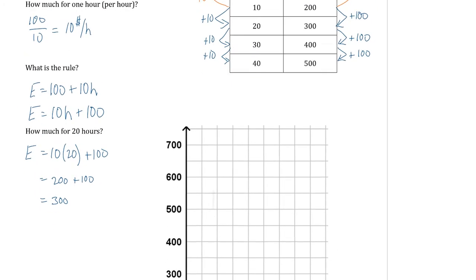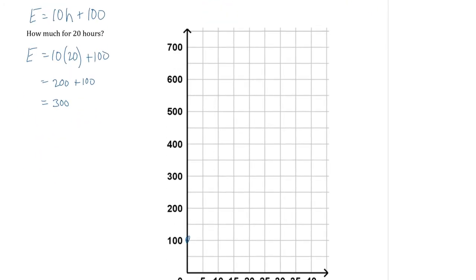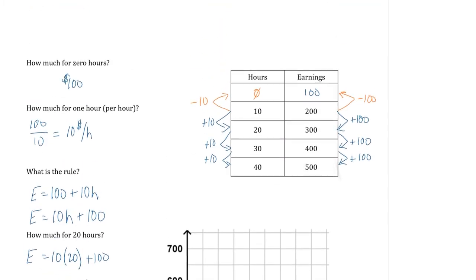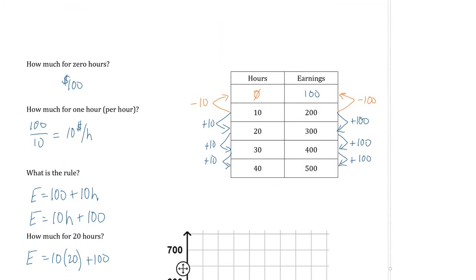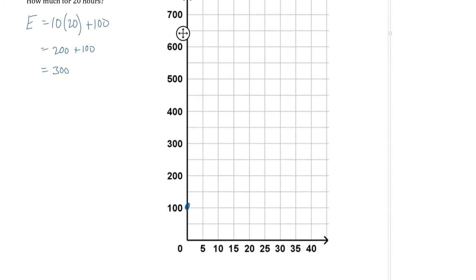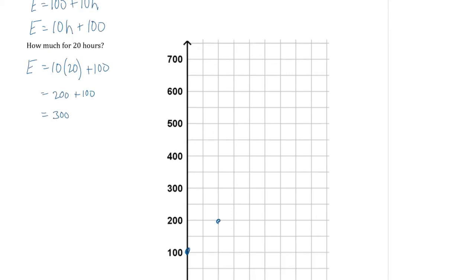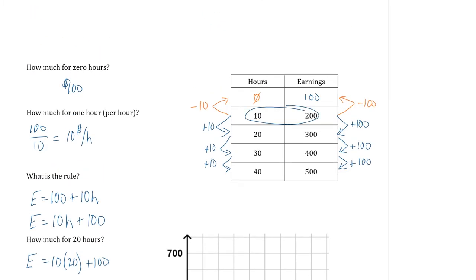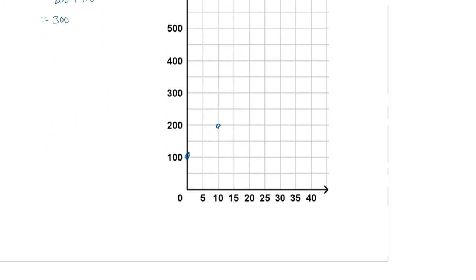What was the start? The start was 100. And in 10 hours, I'm going up 100. So when I go over 10 hours, I'm going to go up 100, which is the same as in 5 hours going up 50. And I can see on this, for 10 hours, I was at 200.